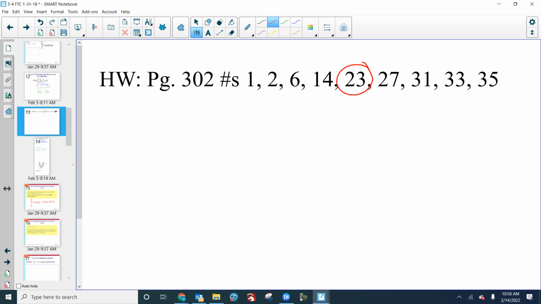To know what their antiderivatives are, you need to remember what the derivative rules were. So if you see 1 over x, what derivative did it come from? ln of x. Okay, we'll talk about absolute value there tomorrow. And so forth. Okay, trig ones, you should recognize which ones they came from. That's for 27, 31, 33, and 35. Okay?